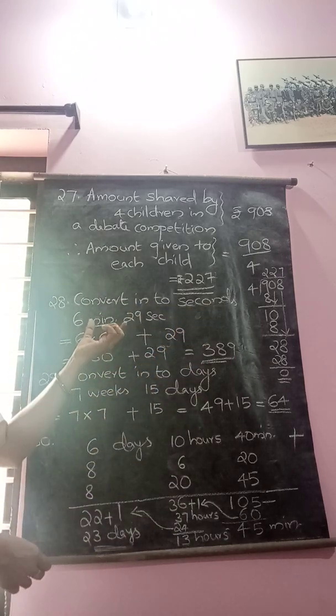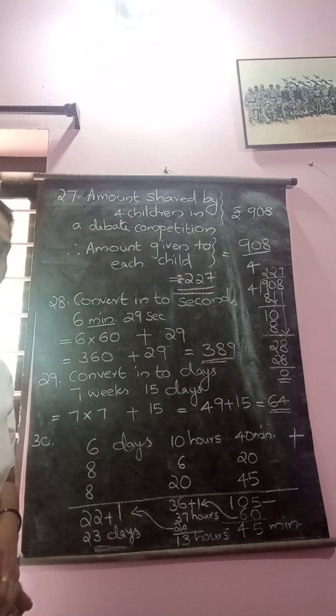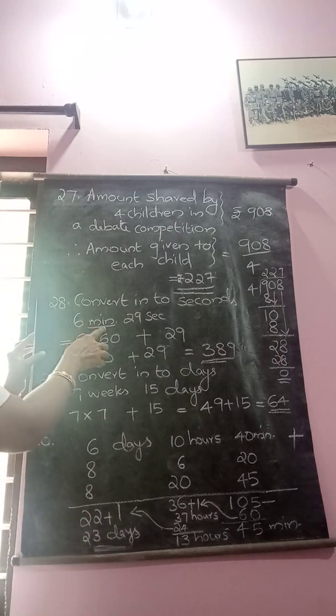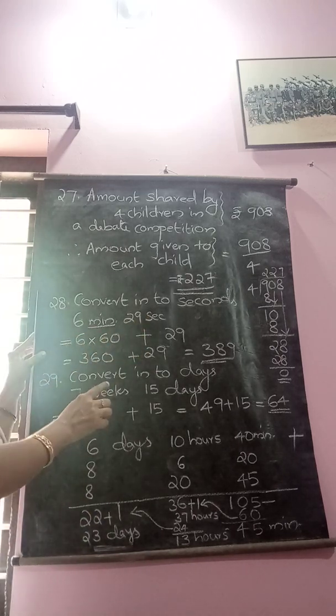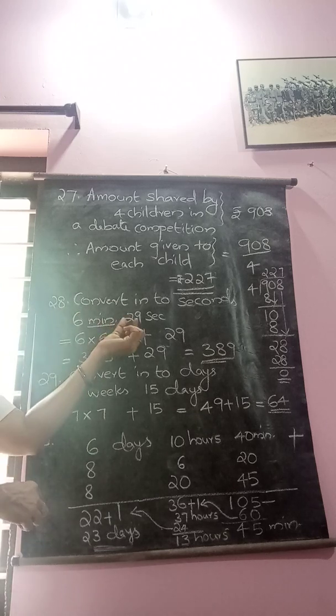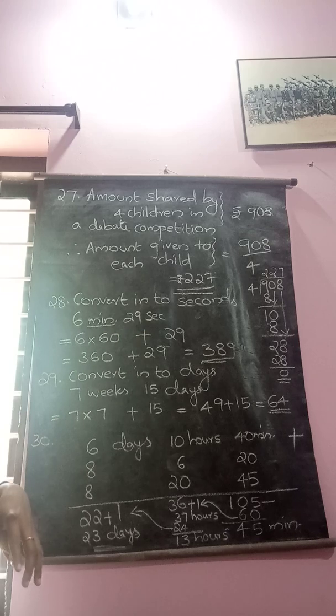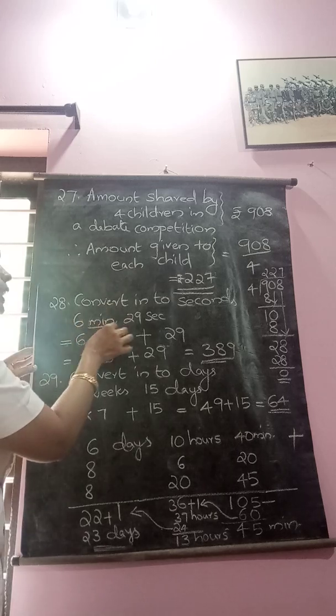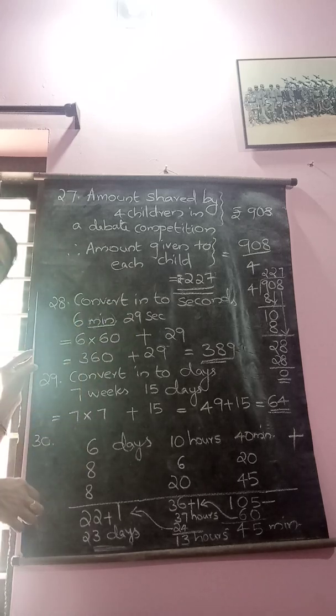Next question is convert into seconds. We need to convert the given time into seconds. Given time is 6 minutes 29 seconds. So we need to convert only the minutes to seconds, because 29 is already given in seconds. So 6 minutes can be written as how much? 1 minute is how much? 60 seconds.